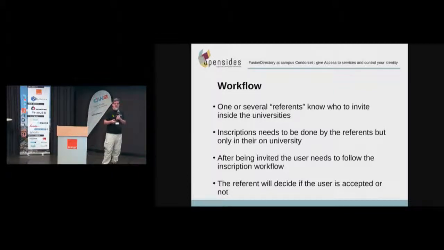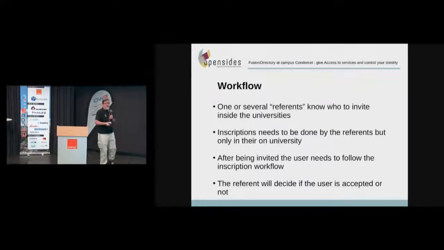So the system sent invitations, and then the user goes through the federation, connects with their ID from the university and their password, and then it's pre-filled. It pre-fills a form, and then they can send it or correct it.